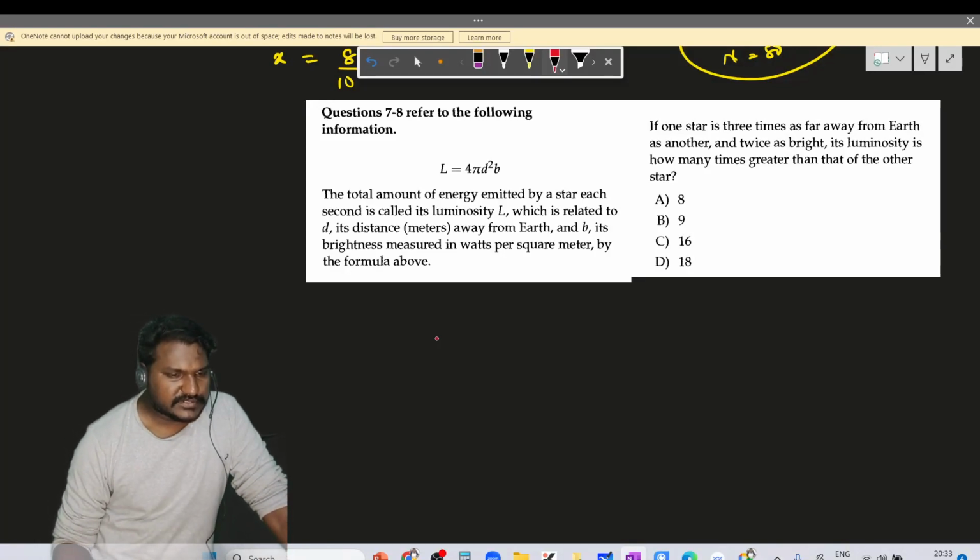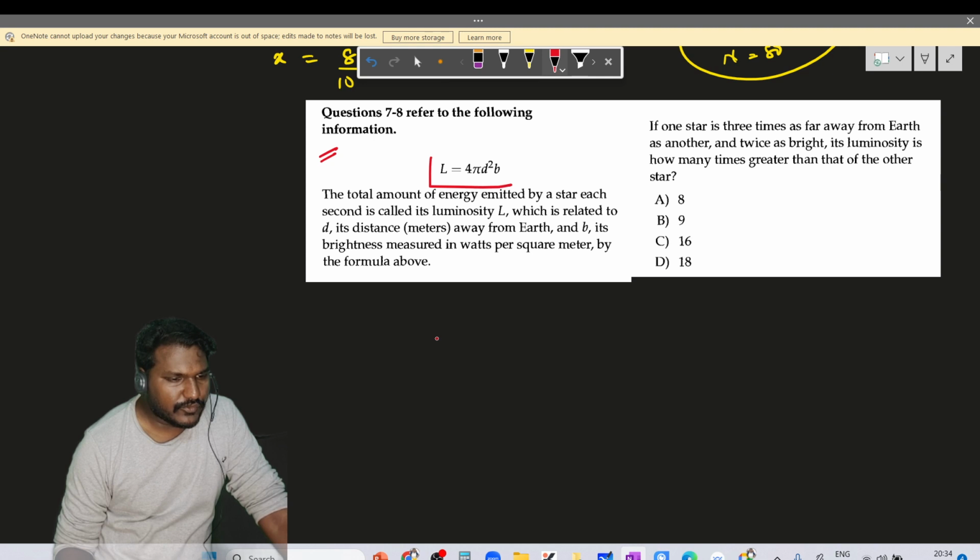So for questions 7 and 8, we are supposed to read this data beforehand. L is equal to 4 pi d square b. We don't know what d and b are, so let me read this sentence here.